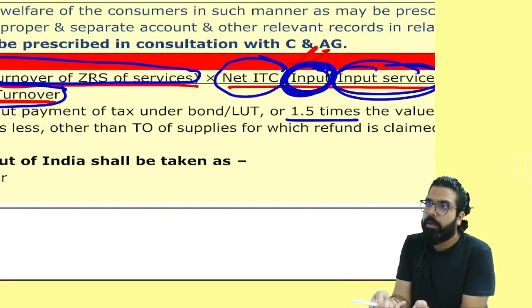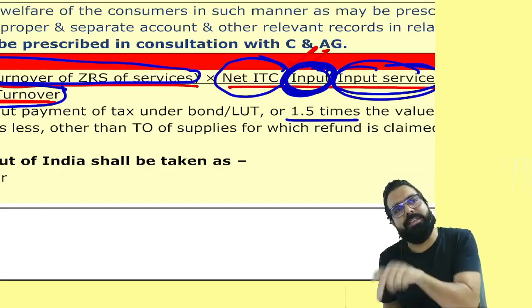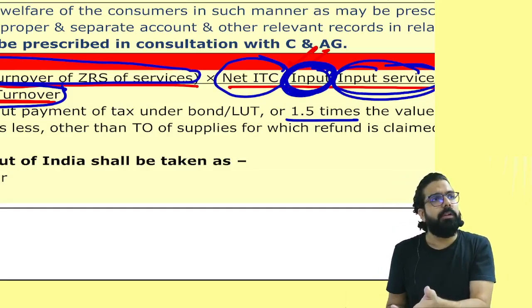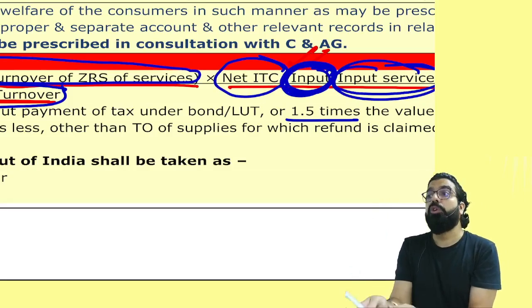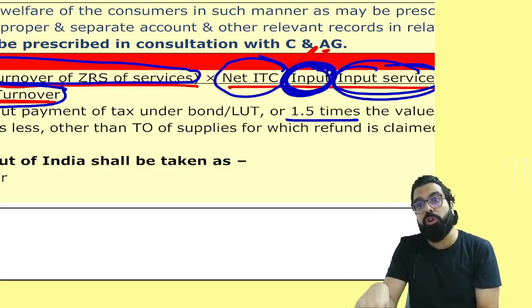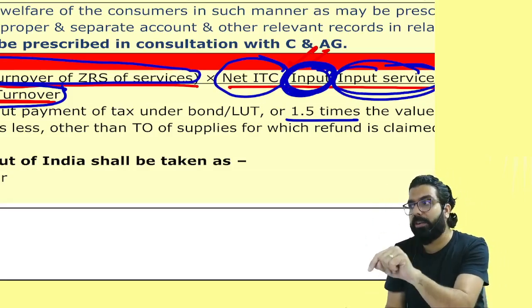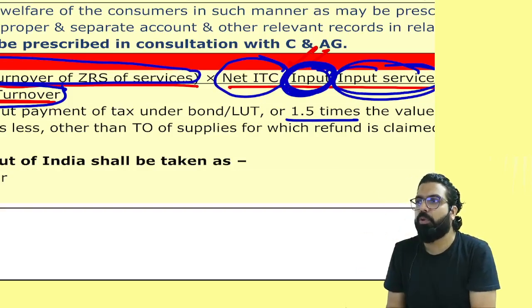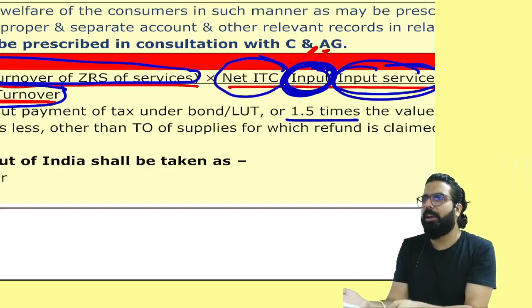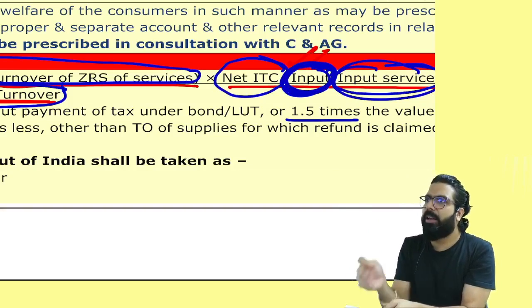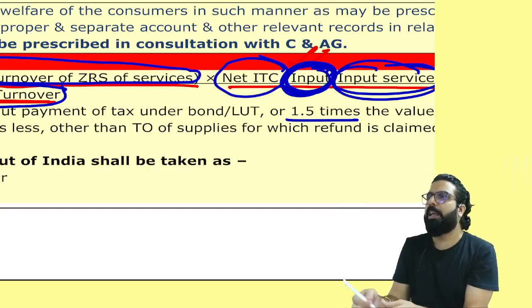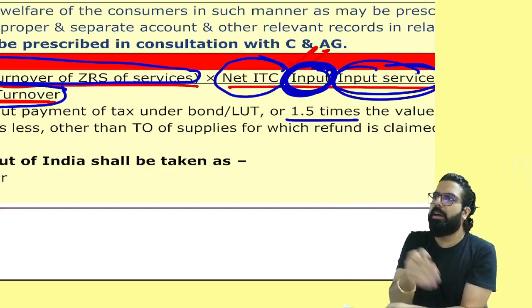Yes. If I buy packing material, is that my input? Yes. Whatever goods you buy in your business to use in your business is your input. You know what the officer was telling? If you buy this stationery, I will not consider the ITC in the net ITC. Sir, this packing material, I will not consider in the net ITC.